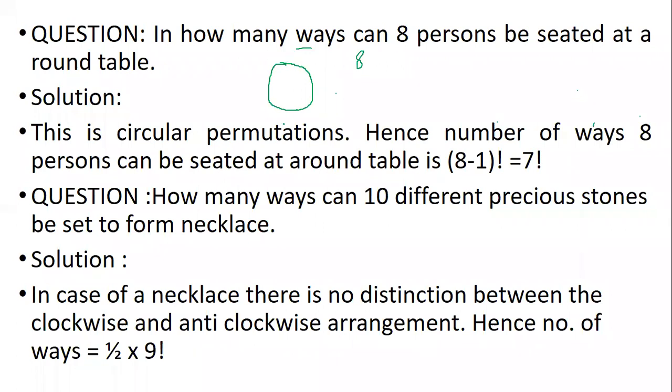Let's say I have Anusha here, and then there is Arpita, Bharat, Bindushri, Swami, Kirti, Imran, Rajeshwari. So there are 8 of them sitting at a round table. The table is in the shape of a round.